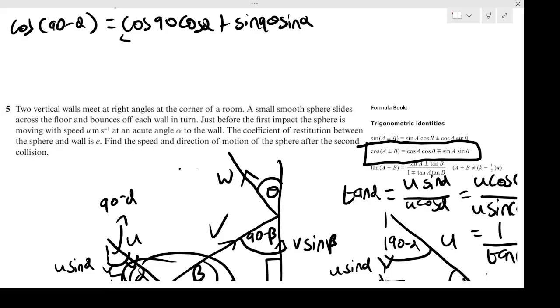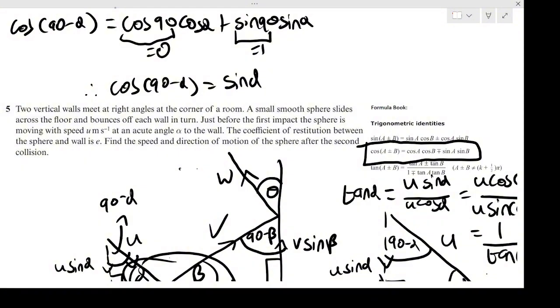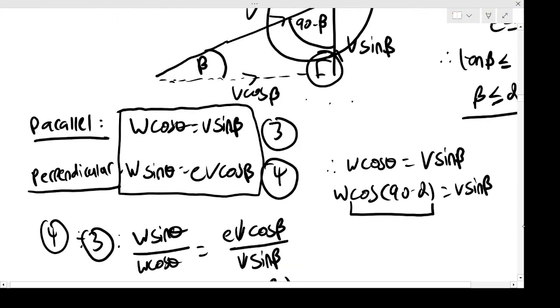Cos 90 goes to 0 and sine 90 goes to 1. Therefore, this all simplifies to sine alpha. So cos 90 minus alpha is sine alpha, and therefore w sine alpha is v sine beta.